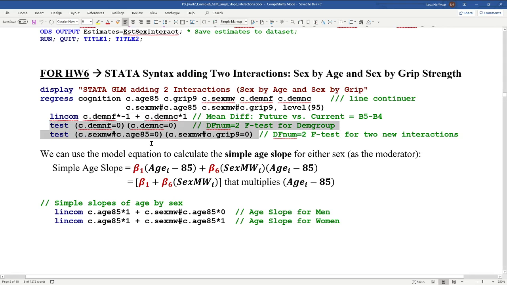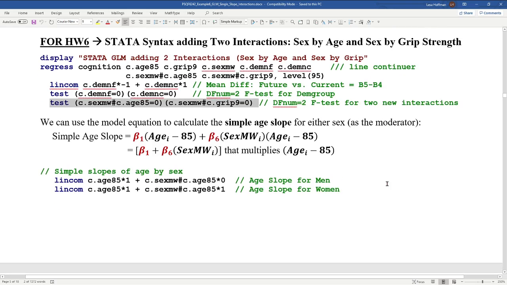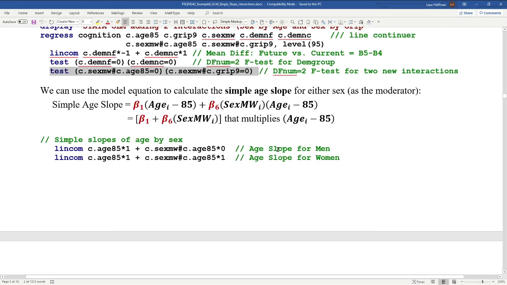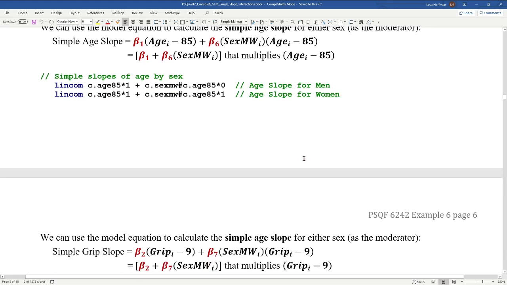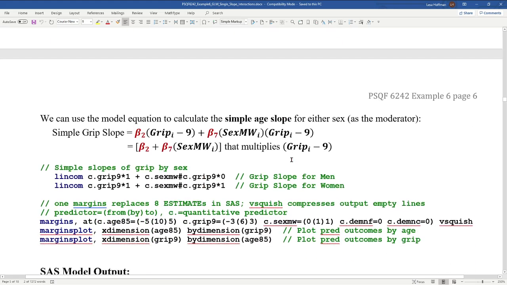They are used to first lump together the two dementia contrasts to get an omnibus effect of group, as well as to test the change in the R-square relative to the main effects model that comes from adding in these two new interaction terms. Then we have LINCOMs for simple slopes. Stata also has a thing in margins called dydx that gives you simple slopes. I'm not showing that here, but I will show that in future examples in the longitudinal class and others.